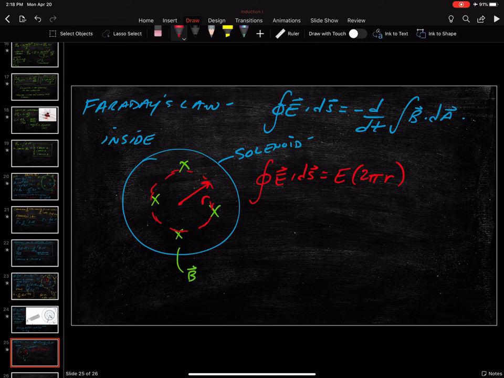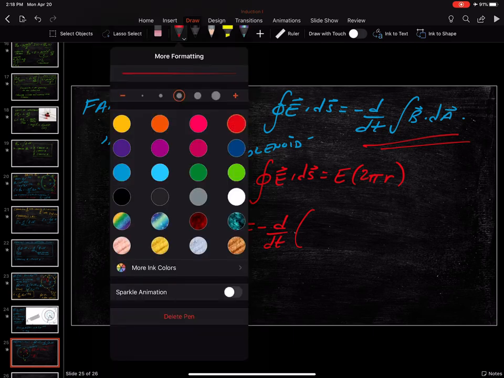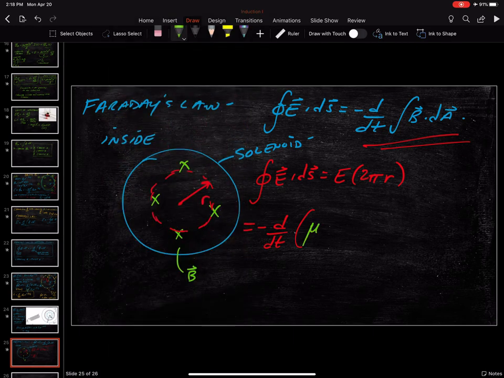And this should be equal to this side, minus d dt of B. Now, B is constant in here, and that's equal to mu naught n I0 e to the minus alpha t for the magnetic field, times the area through which the magnetic field is passing, and that's this area here.